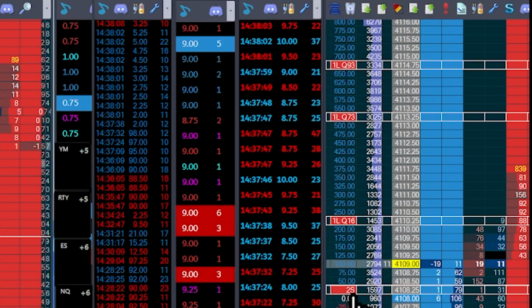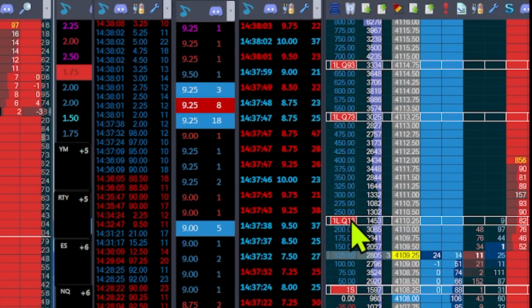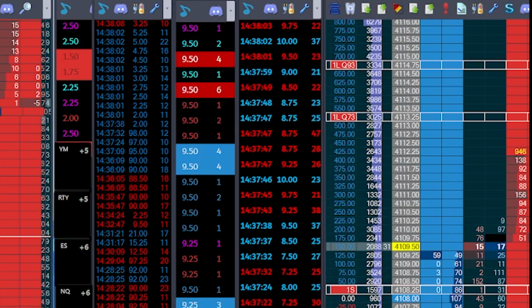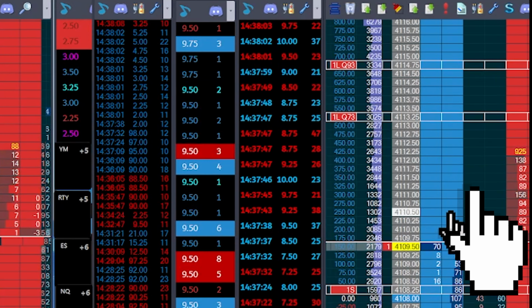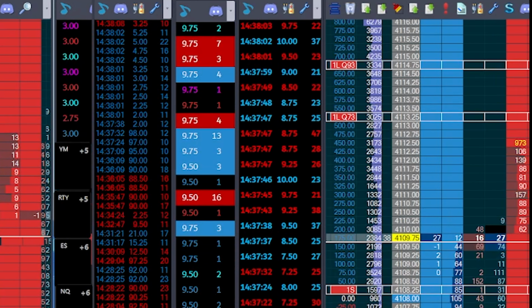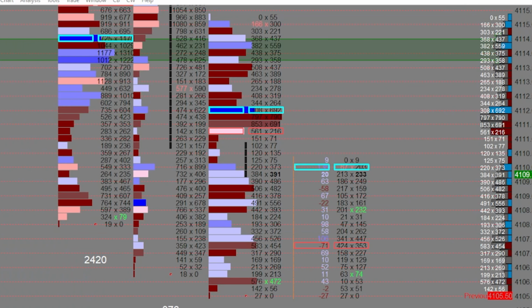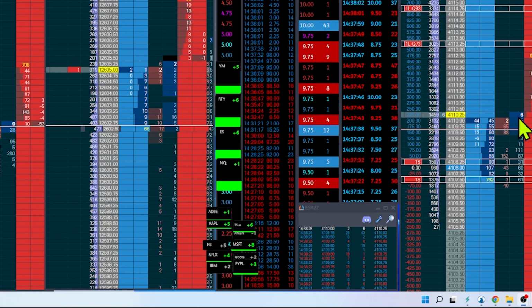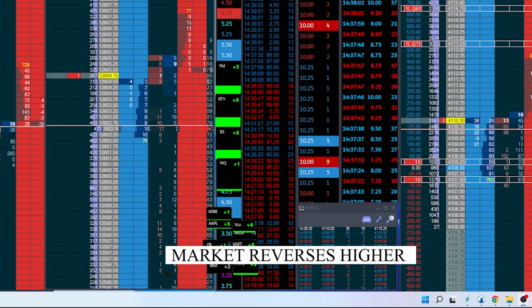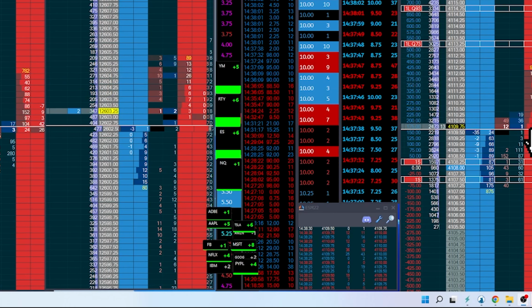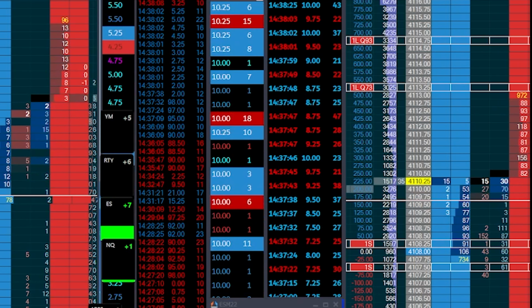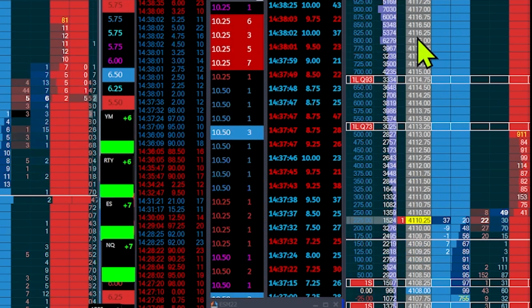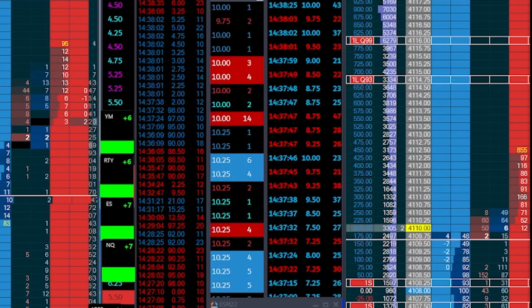Here we're going to see at some point how the stacking on the bid is going to increase. You're going to see like 80s, 100s, and 200s come in, and that's where I'm convinced that the buyers are stepping in. So here I'm looking at the bids, and we've got 58, and then dropping down to minus 27.